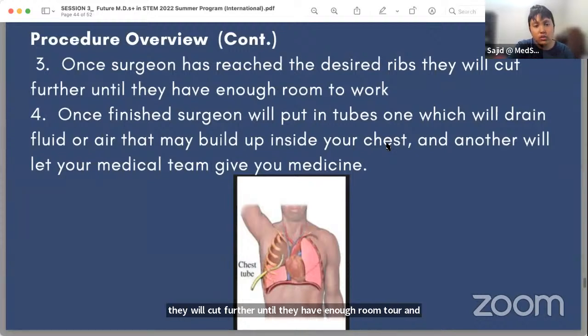Once finished, the surgeon will put in tubes, one which will drain fluid or air that may build up inside your chest, and another which will let your medical team give you medicine. So they put tubes inside you, which efficiently drain out any excess fluid or air, and also let you take in medicine directly inside your body.